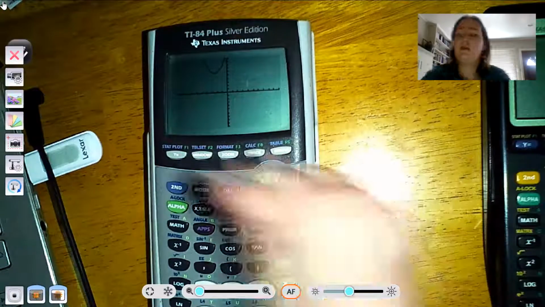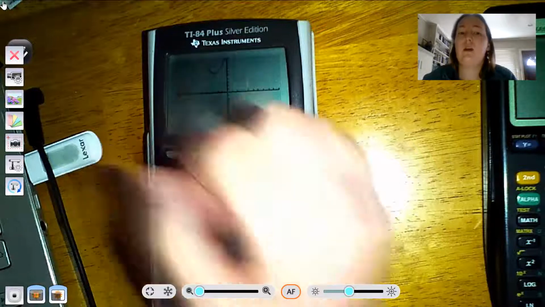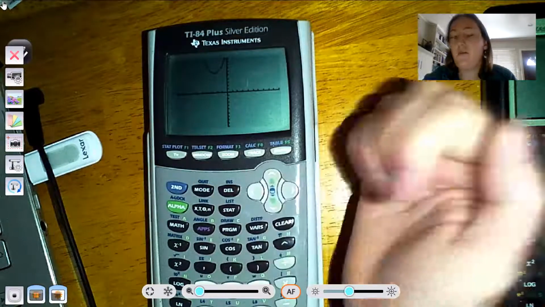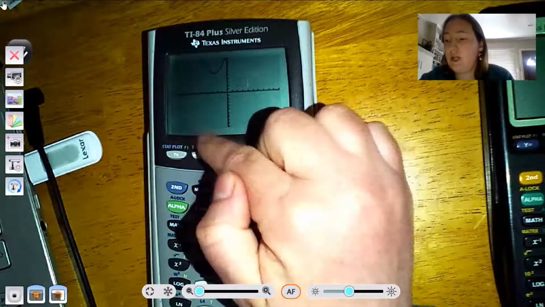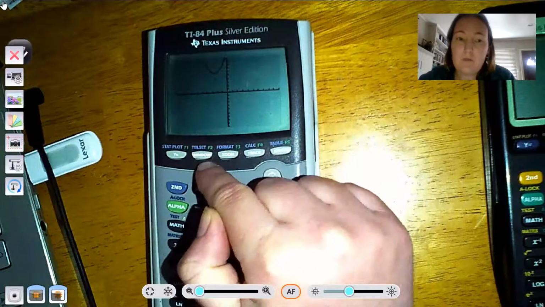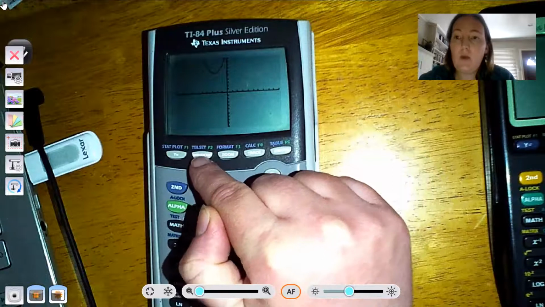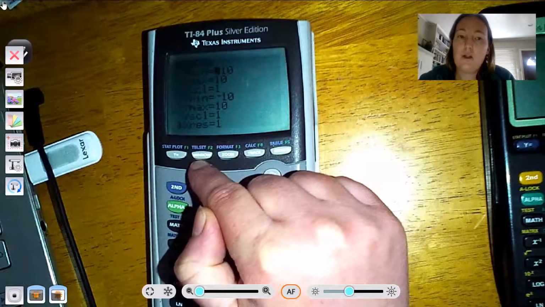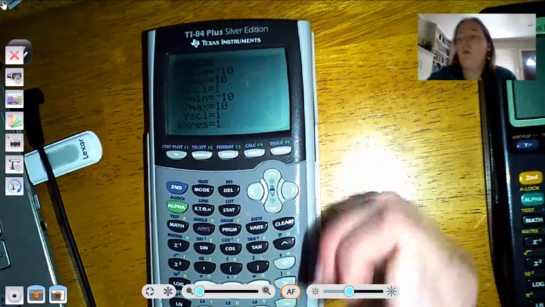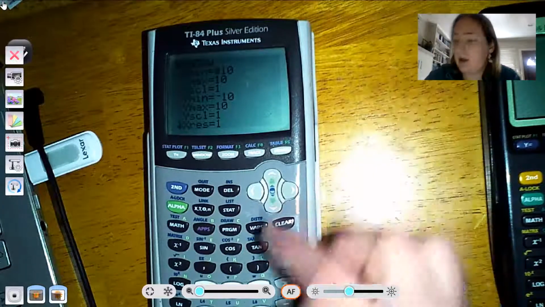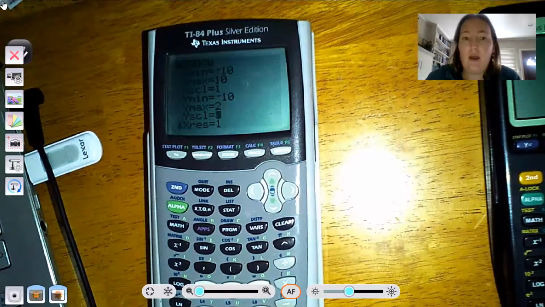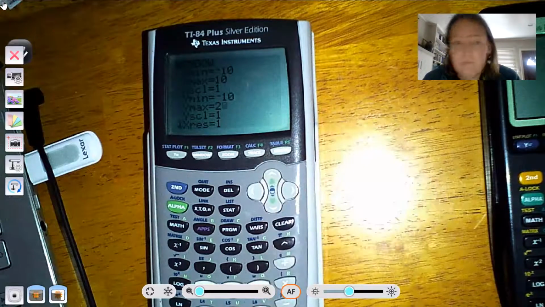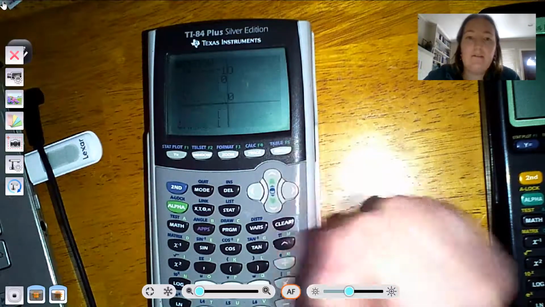If I wanted to have this be a little bit more centered in my graph, or let's say it was off the window and I wanted to view it, you can change the window in a couple ways. One, if you kind of know where you're going, you can go into window and say, well, I wanted it to be higher up, so I can change the Y max to be much bigger, 20, and hit graph.